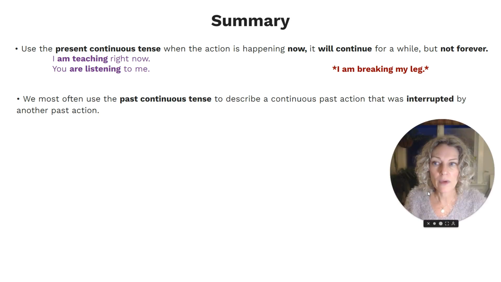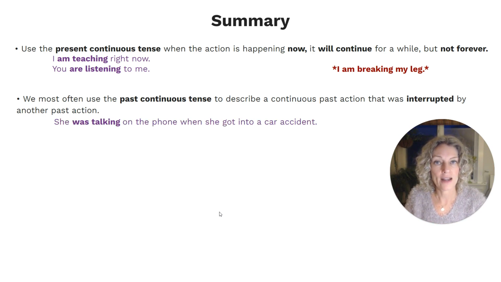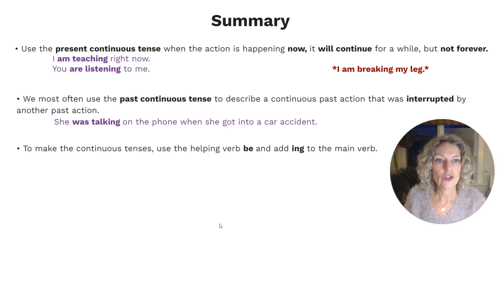We most often use the past continuous tense to describe a continuous past action that was interrupted by another past action, such as she was talking on the phone when she got into a car accident. To make the continuous tenses, use the helping verb be and add ing to the main verb.